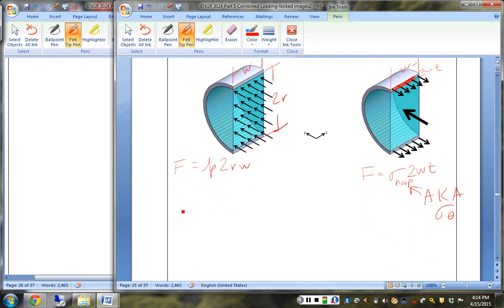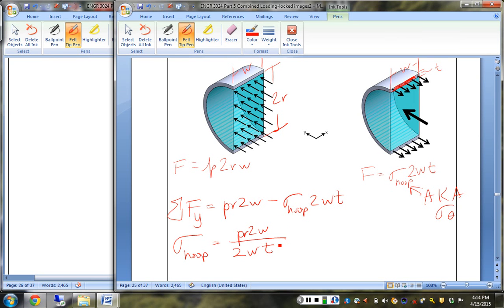This is my sum of the forces in Y is plus this guy minus this guy. And I can solve for this guy is going to be this guy over 2WT. We can do a little more canceling. That guy goes away, that guy goes away, that guy goes away, that guy goes PR over T.